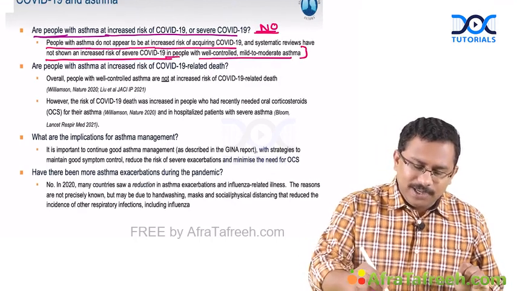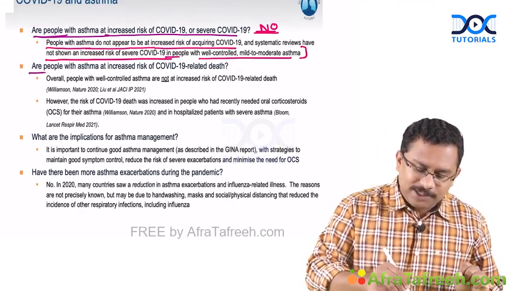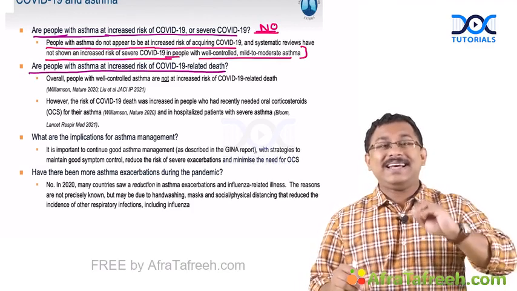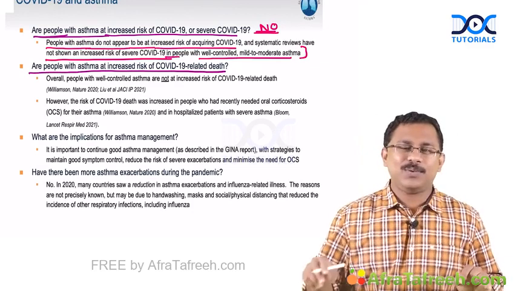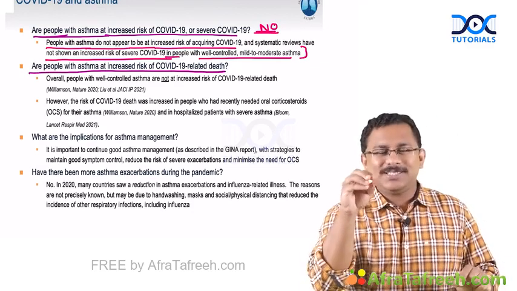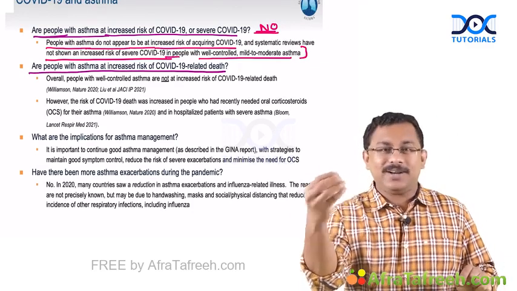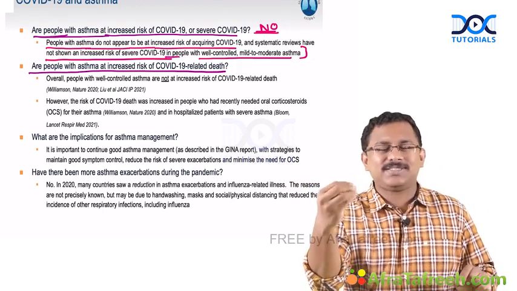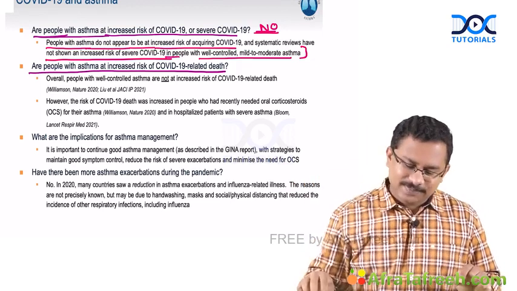Now what about patients with asthma? Are they at increased risk of COVID-19 related death? That is, COVID-19 mortality. Is there a chance that patients with bronchial asthma are at increased risk of COVID-19 deaths?